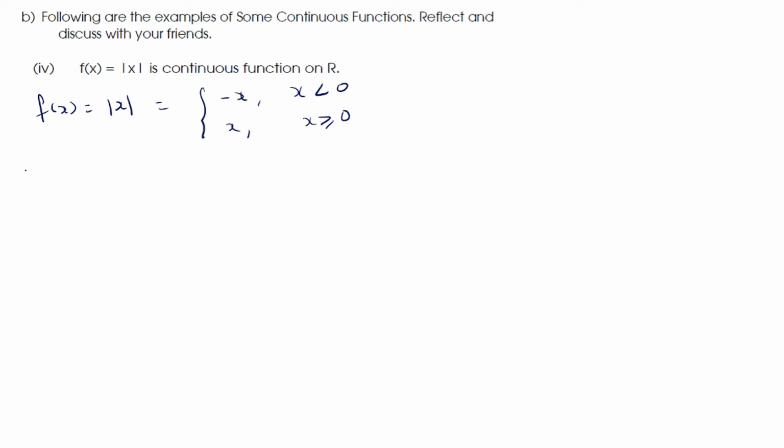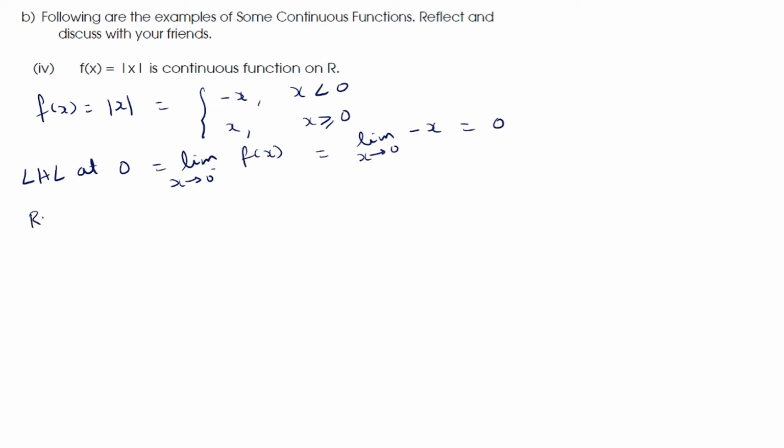Now let us take the left hand limit at 0. The left hand limit at 0 is limit x tends to 0 minus of f of x. As x approaches 0 from left, we have f of x as minus x, which is minus 0, which is 0.